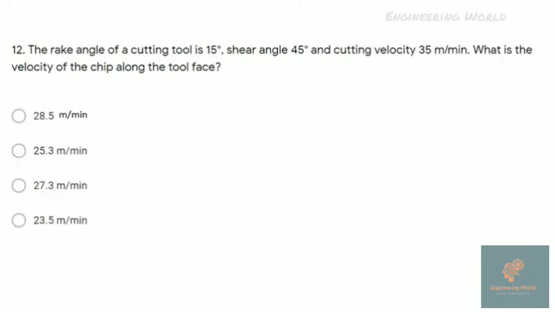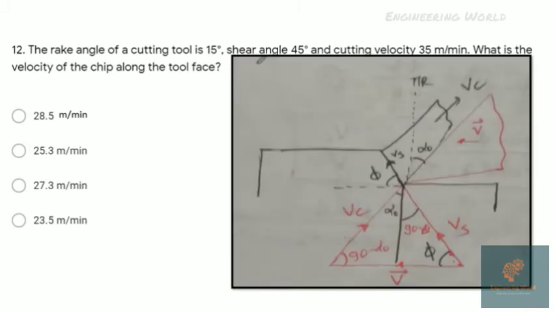Then the next question is, the rake angle of a cutting tool is 15 degrees, shear angle 45, cutting velocity 35 meter per minute. What is the velocity of chip along the tool face? Here I am showing the velocity triangle. This is the chip velocity, chip flowing velocity. Then this one is the cutting velocity. This is the shear angle.